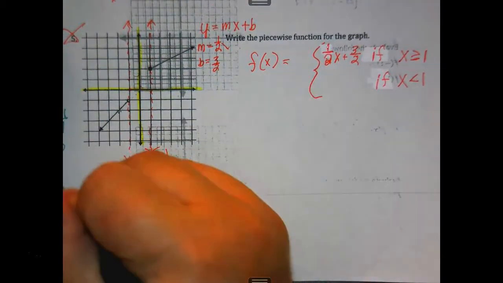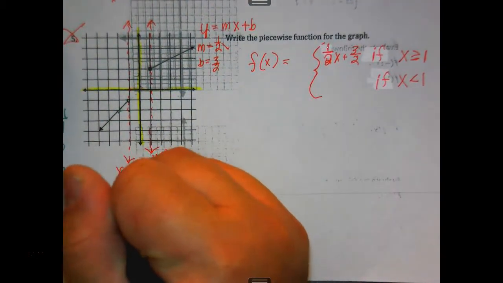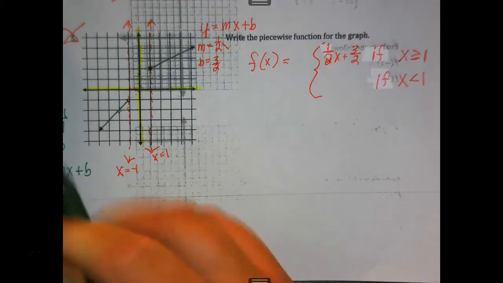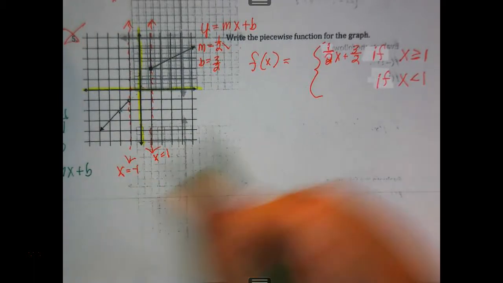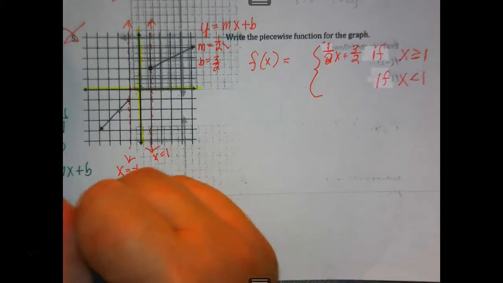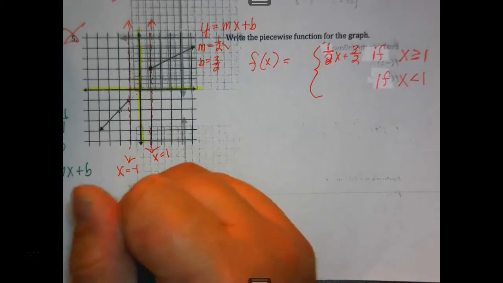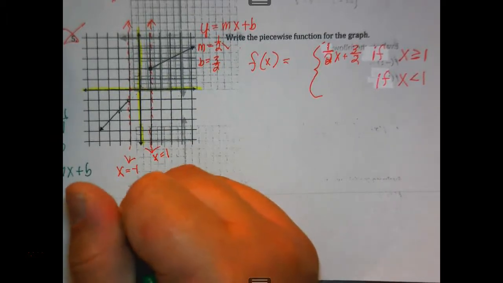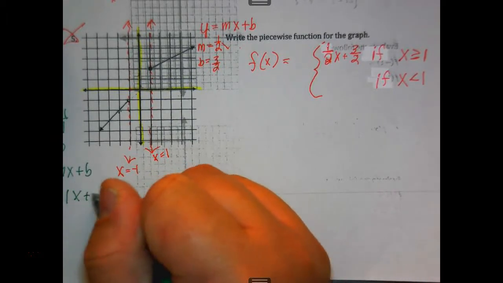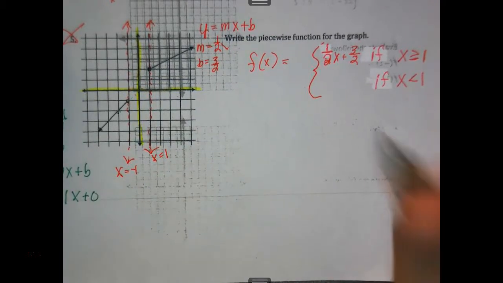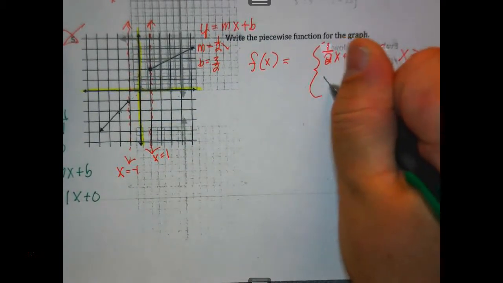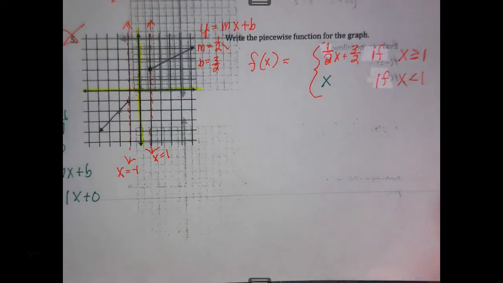Okay, so my y equals mx plus b. So this would be, we got the f of x for y. My slope is 1x plus 0. And if we simplify it, it's just x when x is less than 1.